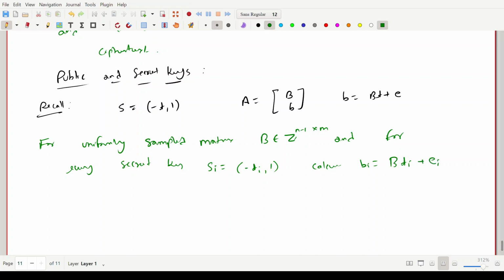And the public key for each party will be set to Ai, which will be B and bi. That means for the first party, the public key will be B and b1.